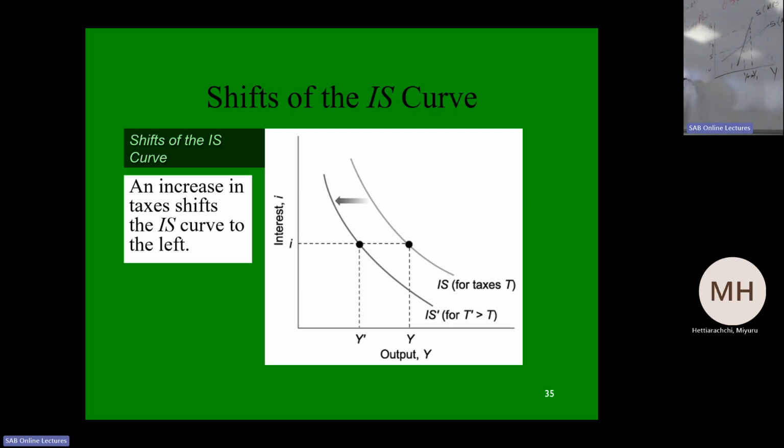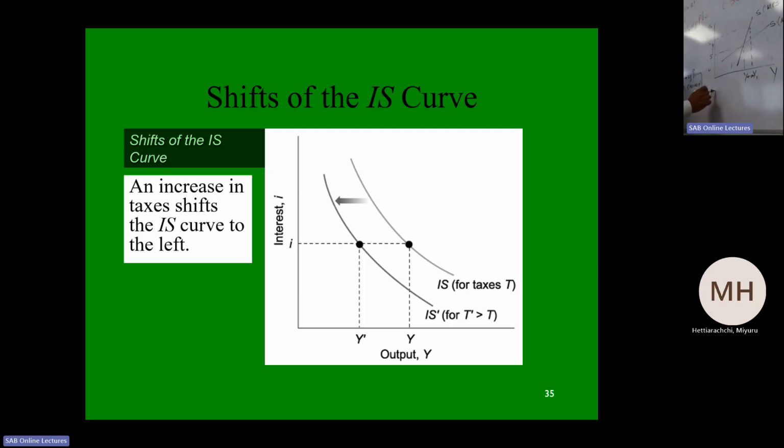When aggregate demand increases, income increases, because we know that aggregate demand equals aggregate expenditure equals income. When income increases, what happens? That relates to consumption.